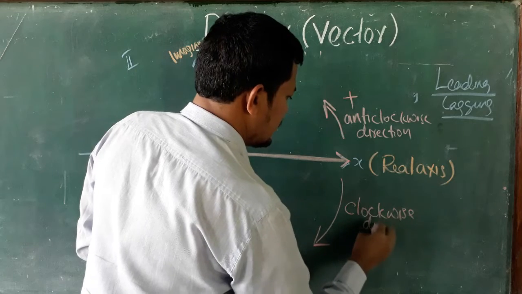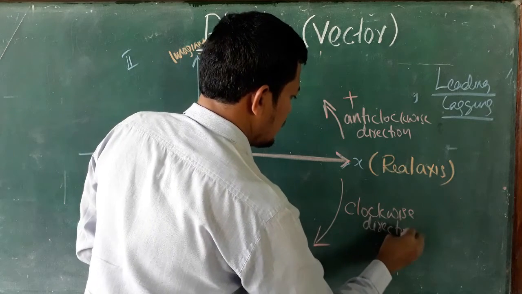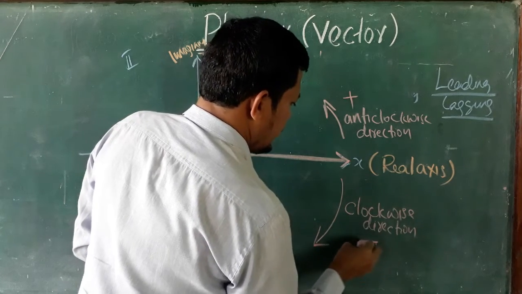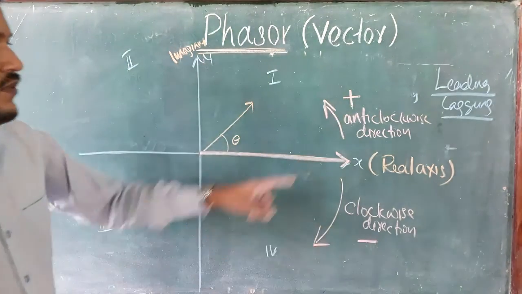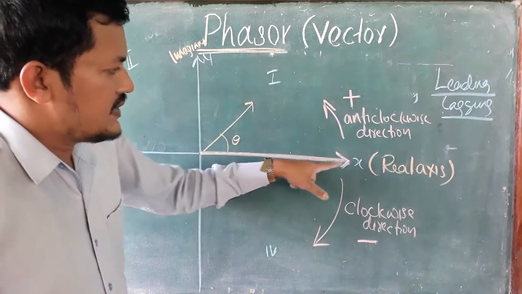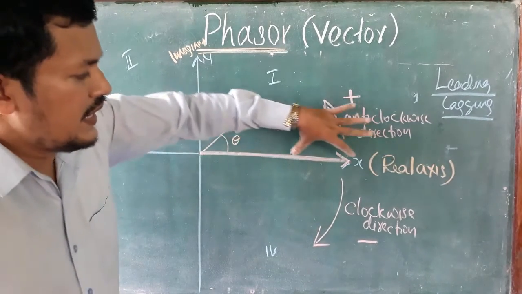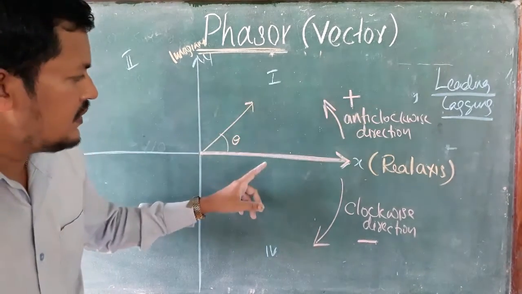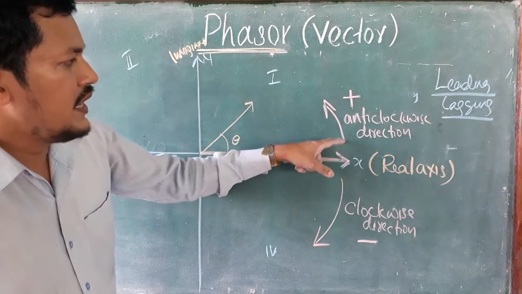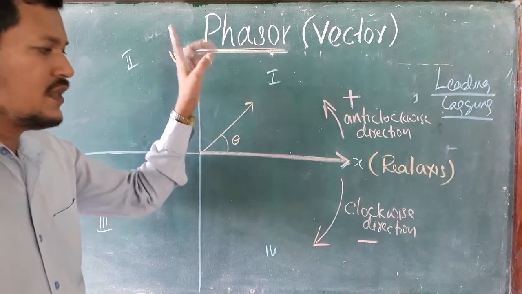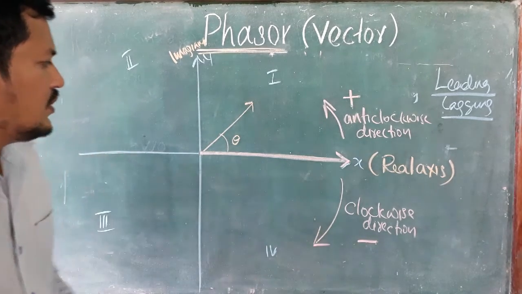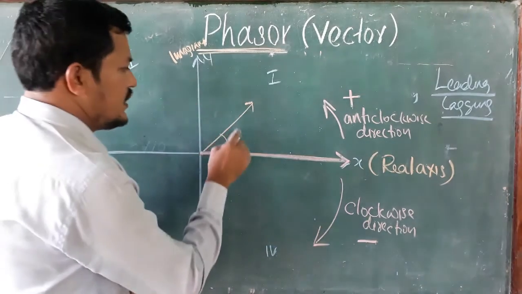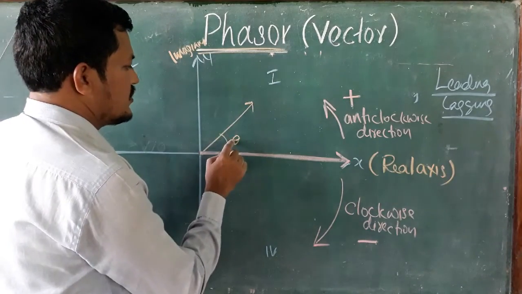Clockwise direction should be negative. Clear? So always remember, whenever we take the angle with respect to the x-axis or positive real axis, anti-clockwise is positive and clockwise is negative.